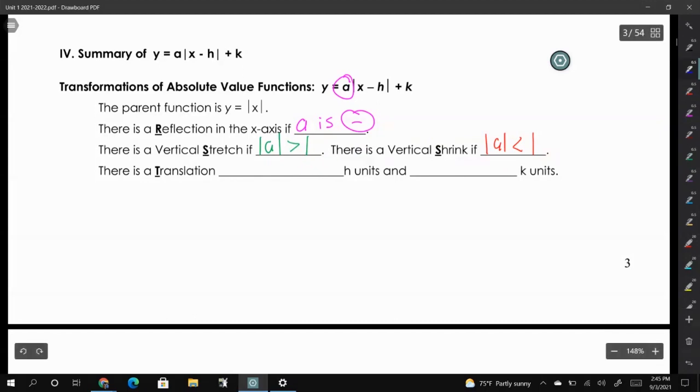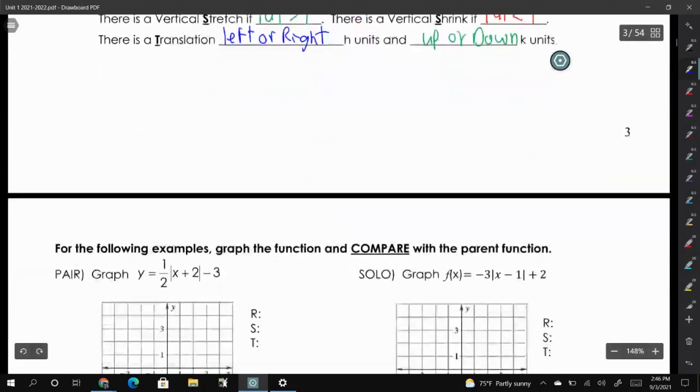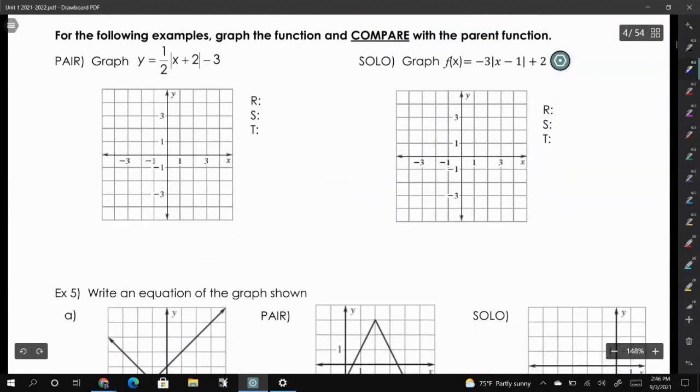The translation, you are going left or right H units, and you are going up or down K units, whatever that K number is out here, and that H number on the inside. So let's look at some examples now on the next page.